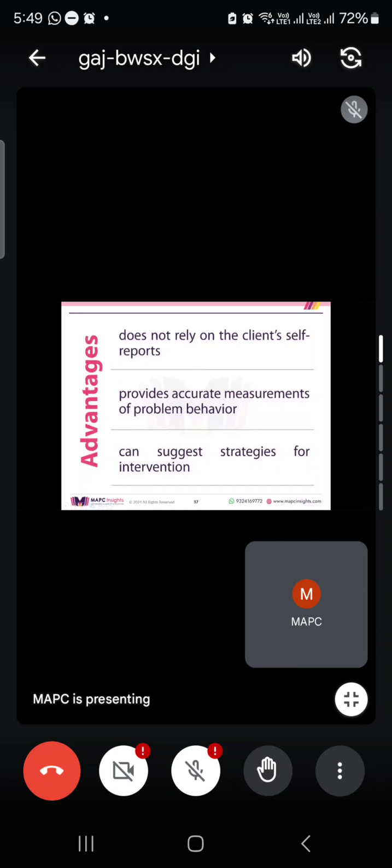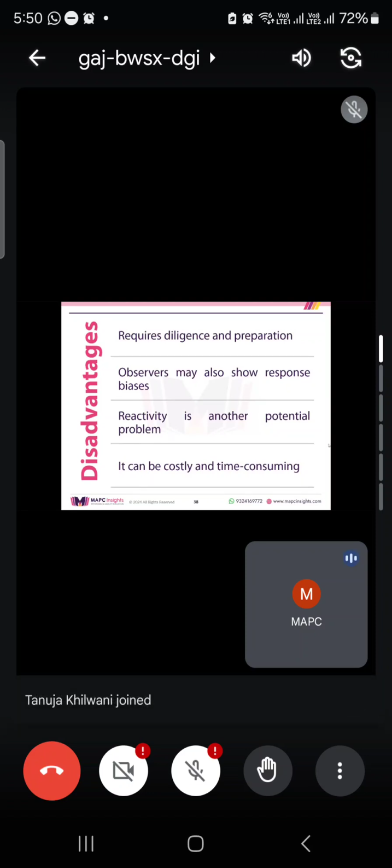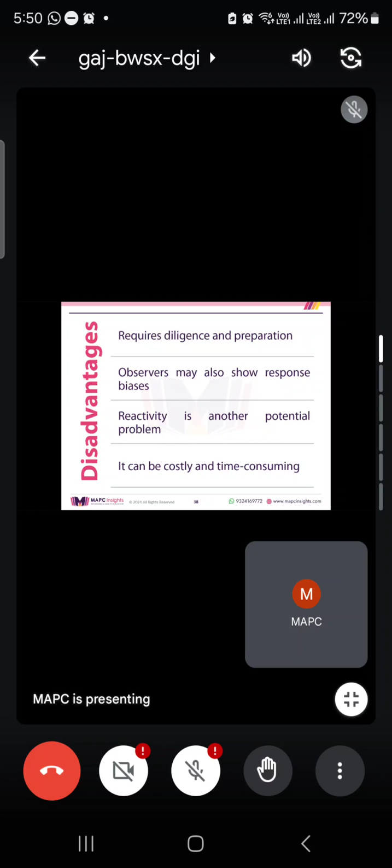Advantages: this observation does not rely on a client's self report. It provides accurate measurement of the problem behavior and can suggest strategies for intervention.